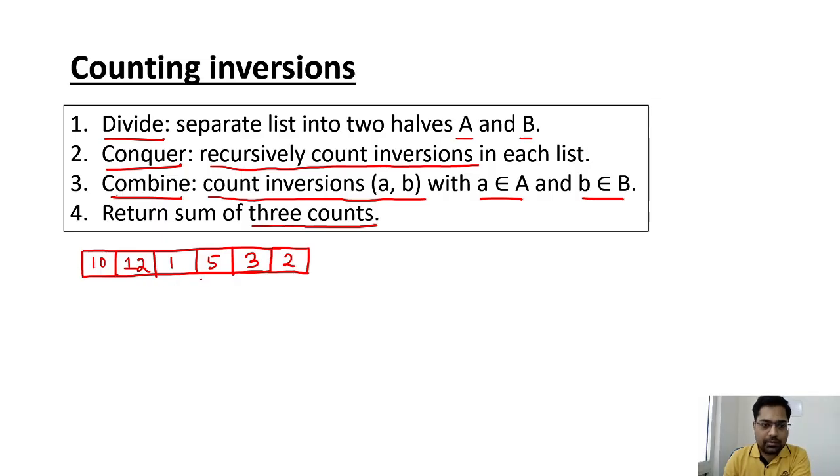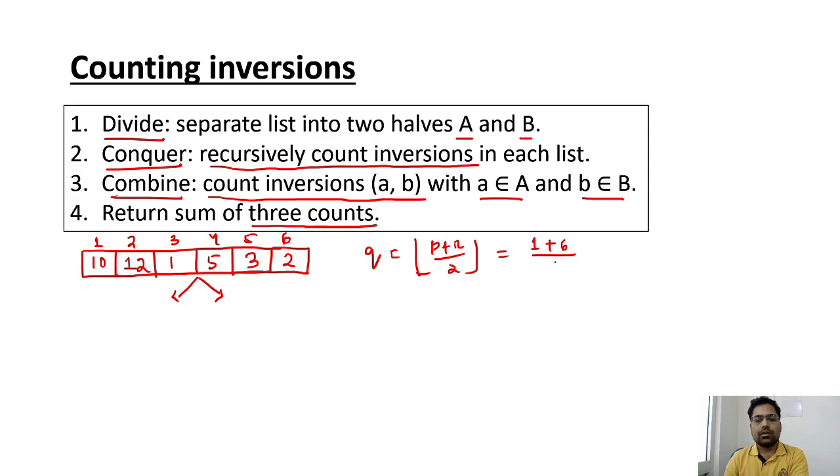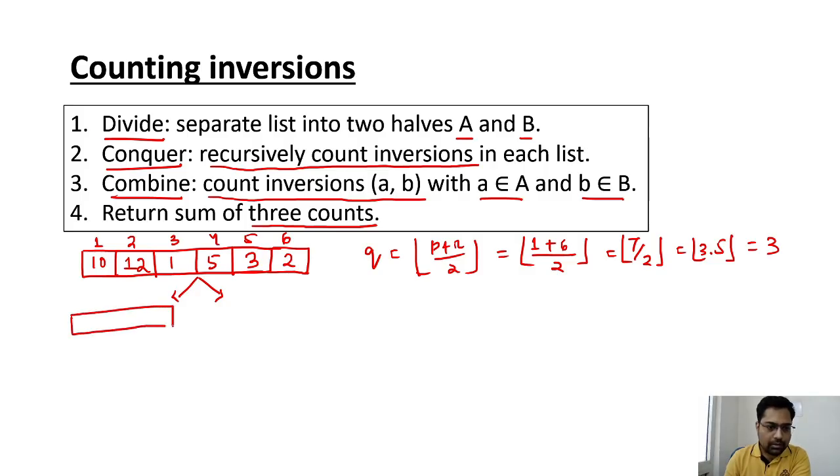Okay, so first we separate into two arrays, which can be divided using p plus r divided by 2. If you start from index 1, p is 1 because it is initialized, and the last is 6, so the total is 7 by 2, which is 3.5. The floor of 3.5 is 3. First we divide, and we divide into equal halves.